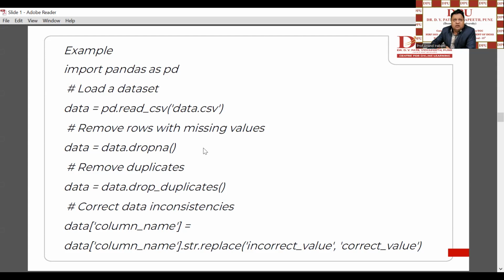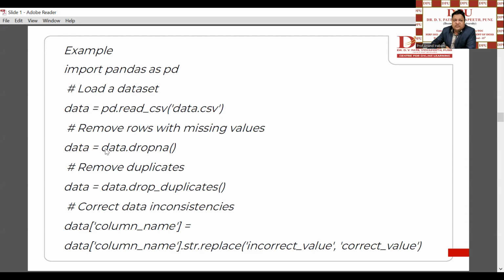After you have successfully read the content into Python, the second thing is that we need to find out the rows having missing values with the help of data.dropna. So here, what is data? Data is just my data set. Here I have read the data.csv and stored it into the data set called data.